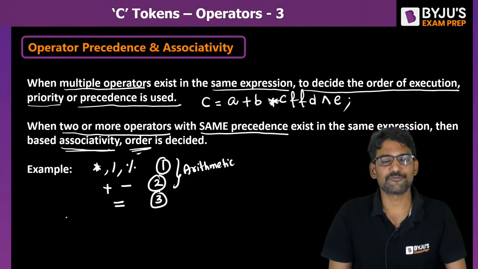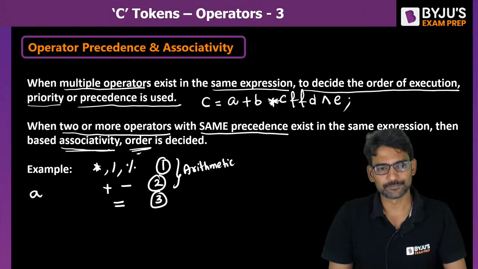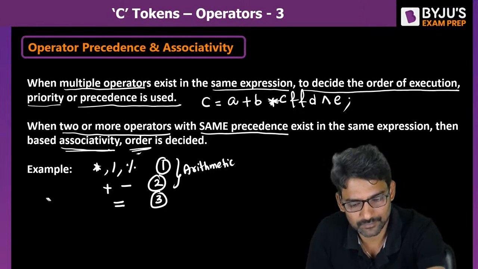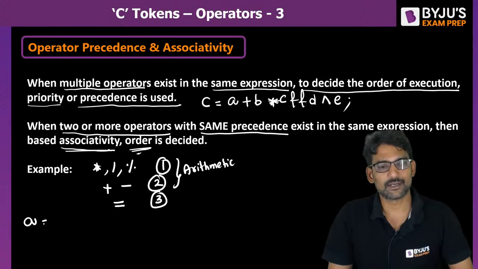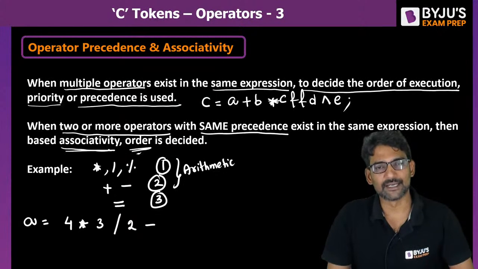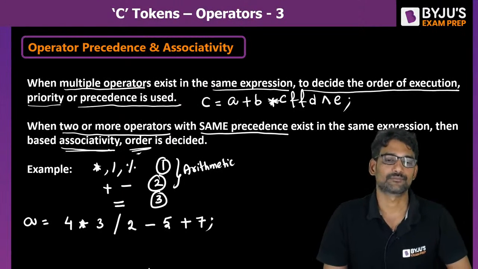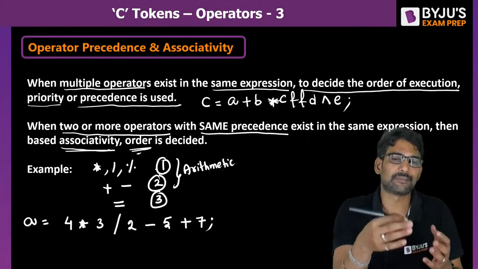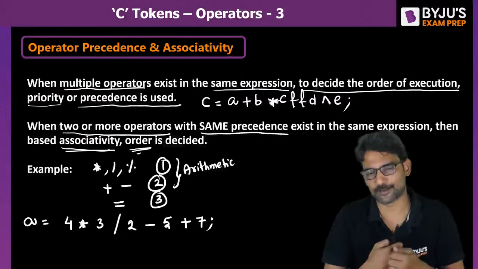Suppose I take an expression like A is equal to 4 multiplied by 3 divided by 2 minus 5 plus 7. Here I have multiplication, division, addition, subtraction.